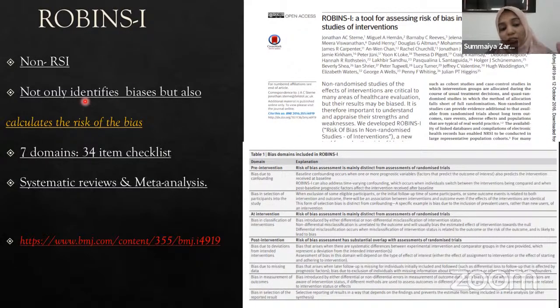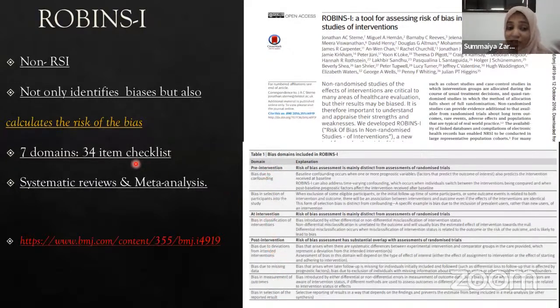Anyways, I was saying the best part about Robbins is it is going to identify the source of biases. Where exactly is this bias coming from? And how much is the risk? It is going to quantify the risk, meaning identifying the source of biases means there are 7 domains throughout the intervention, pre, at, post.